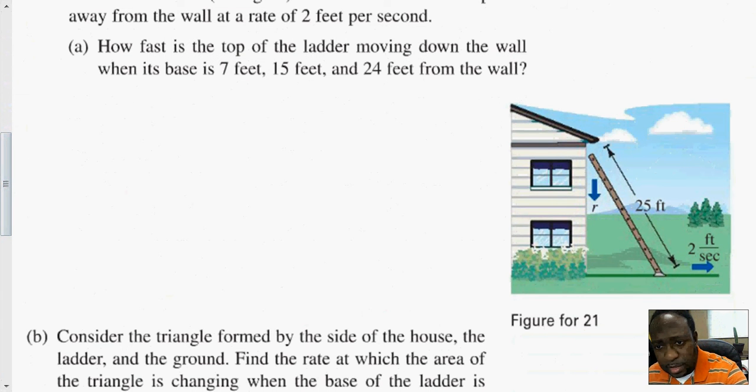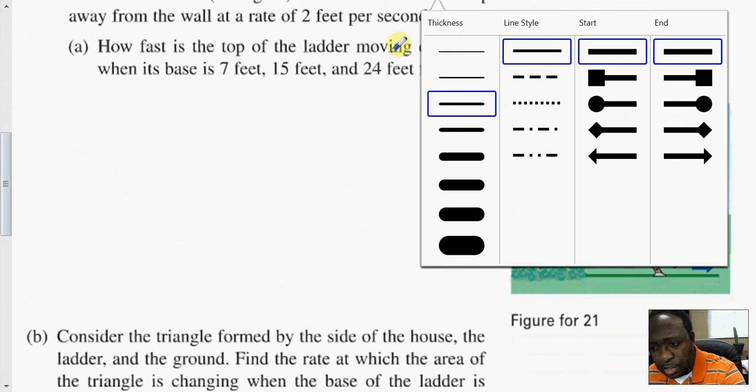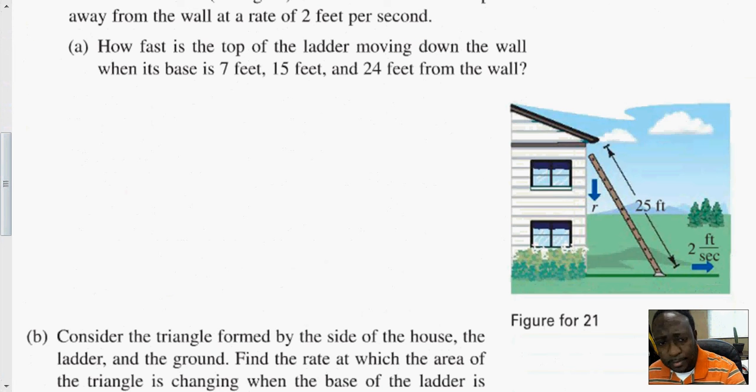Well, let's look there and see if we can take a spin at it. So I want to take this triangle, and if you can draw a figure, that's probably the best way. This is 25 feet here, r is over there, and x is the distance of the base of the ladder to the wall.